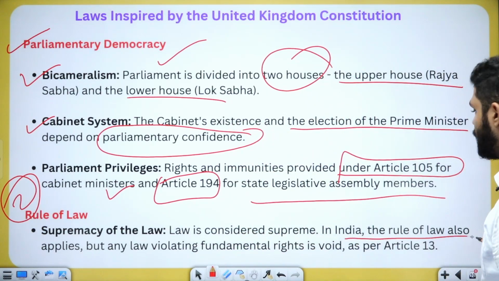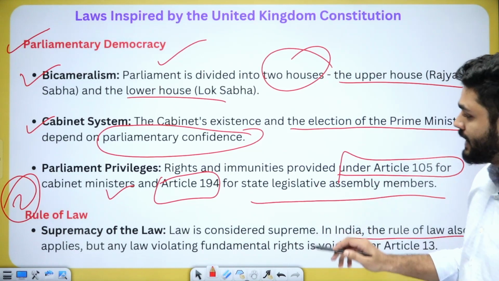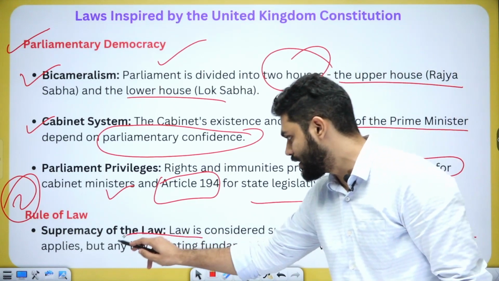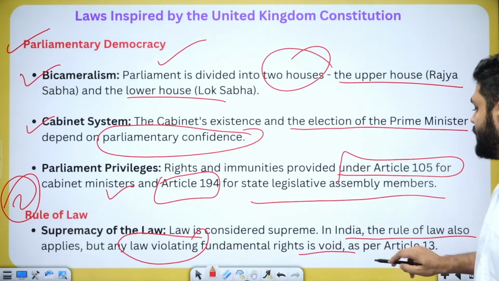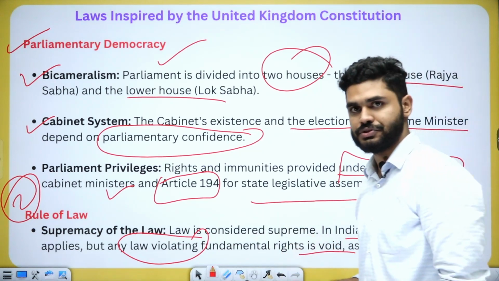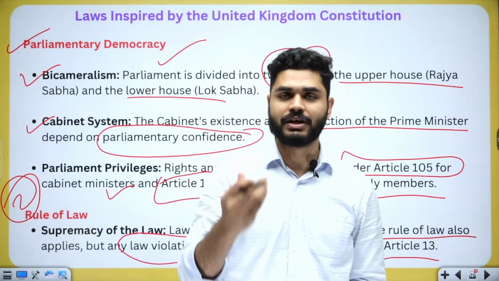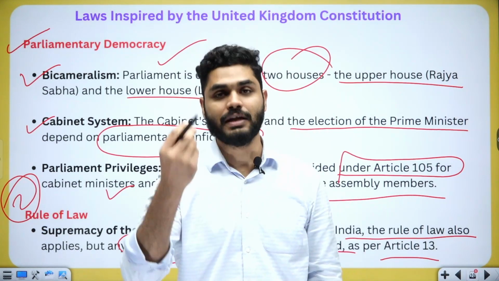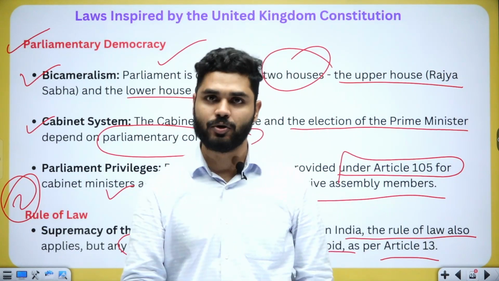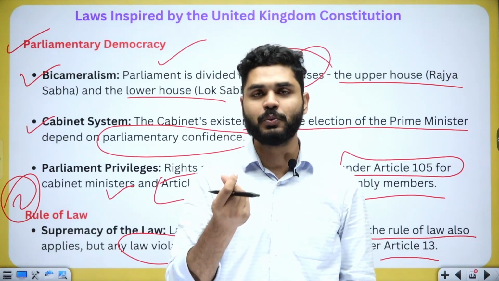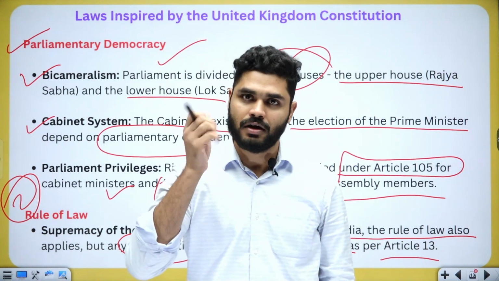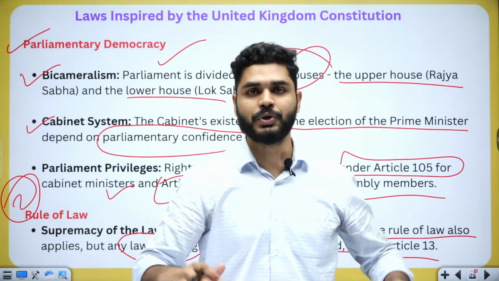In India, the rule of law also applies, but any law violating a fundamental right is void as per Article 13 of the Constitution. Okay, so there is an idea here, as I said, that we tried to make this document a living one. We tried to make this document quite balanced, which can walk the tightrope between two extremes.